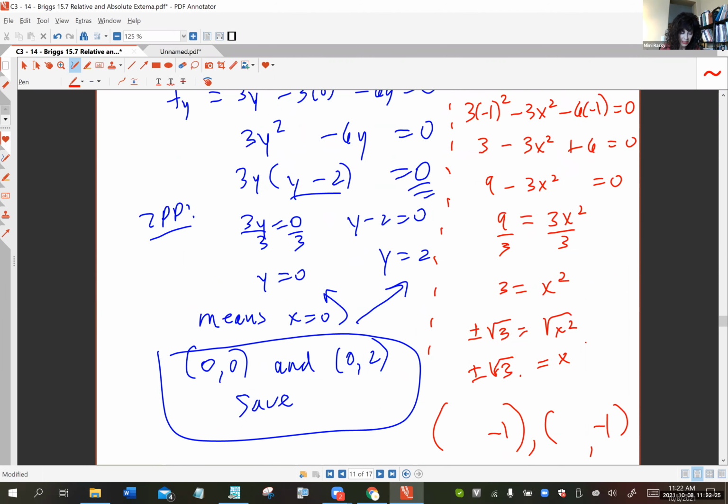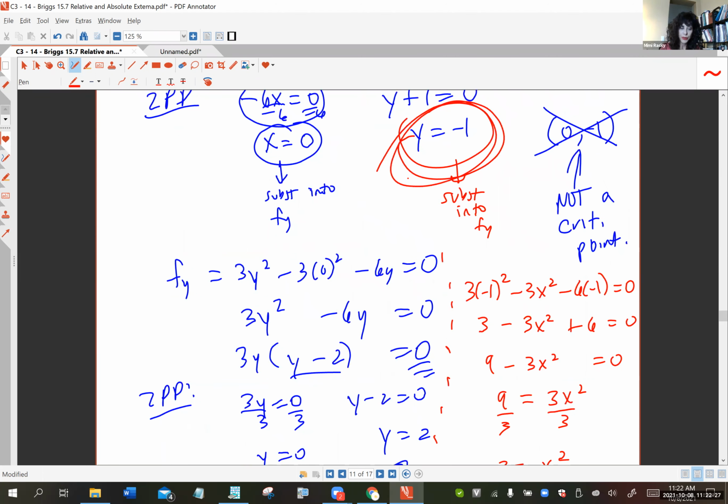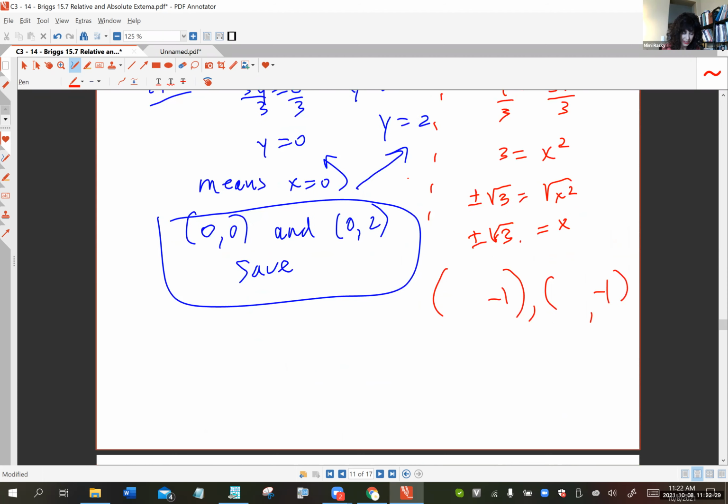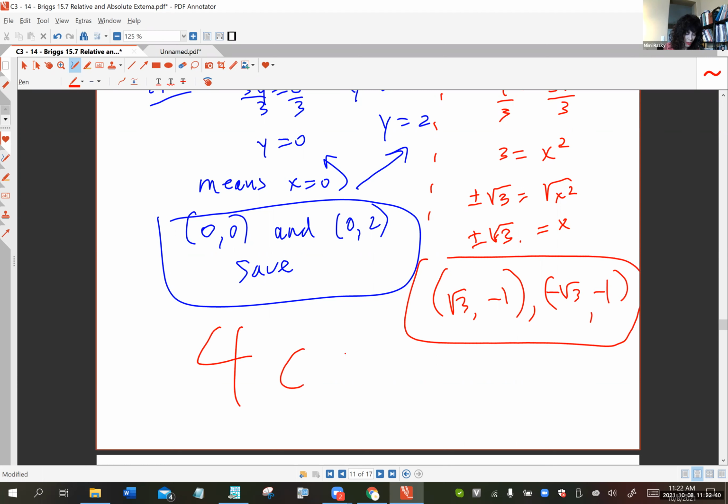Remember, we got all this from substituting y equals -1 into the situation there. So you could get square root of 3, -1 or the negative square root of 3, -1. So now we have 4 critical points in all. Is that possible? Yes, it is.